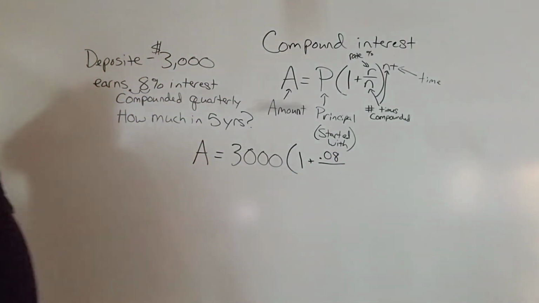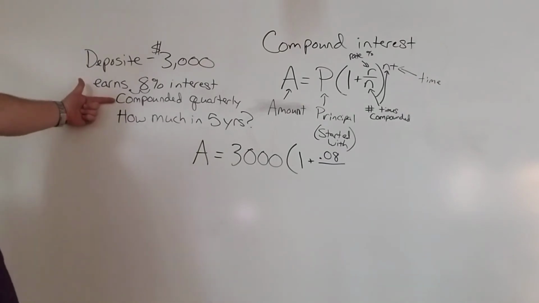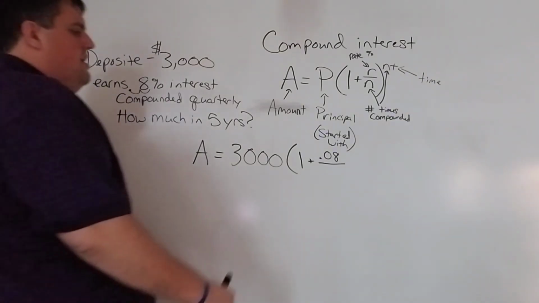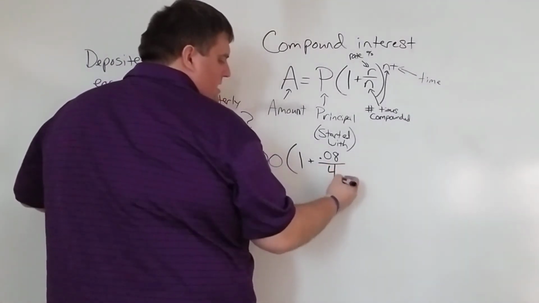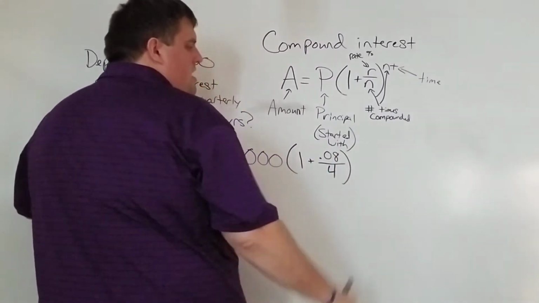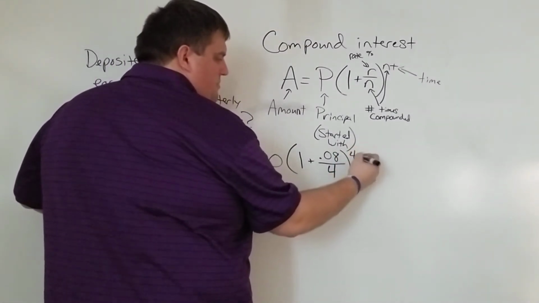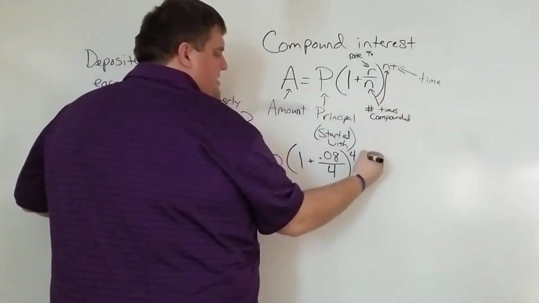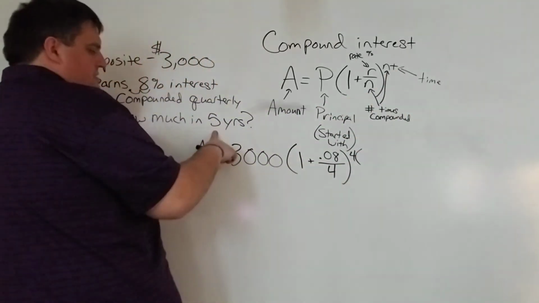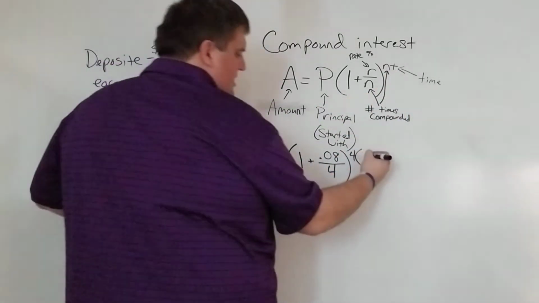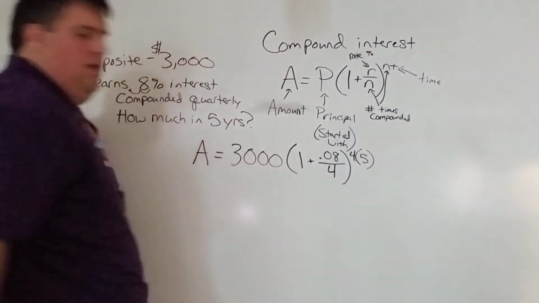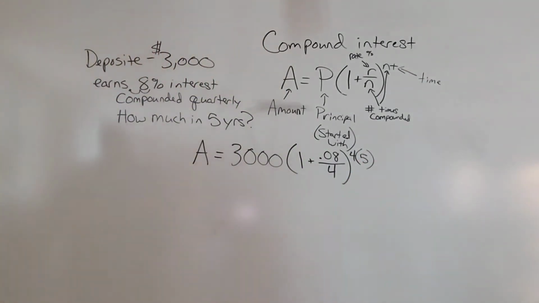The n is the number of times it's compounded. That's where compounded quarterly comes in. Since it's quarterly, that's going to make this a 4. And then on the outside, we already said n was 4. And the time is what we just asked: how much would she have in 5 years? So we're going to plug in that 5 right there.